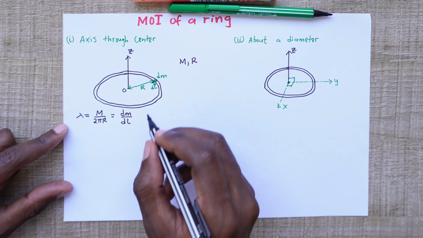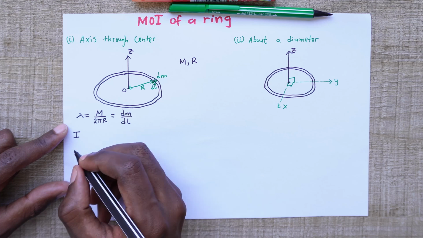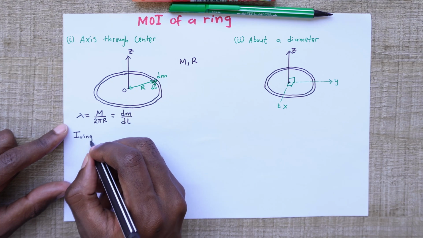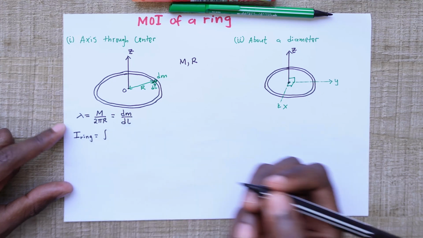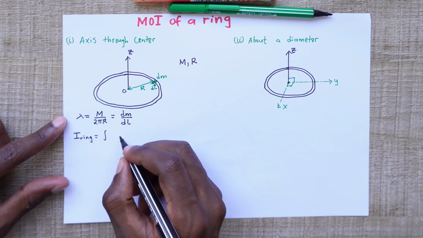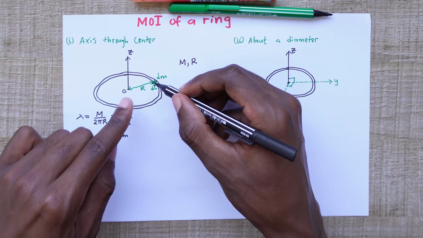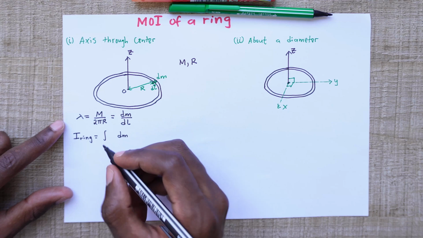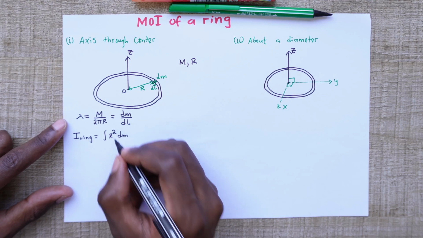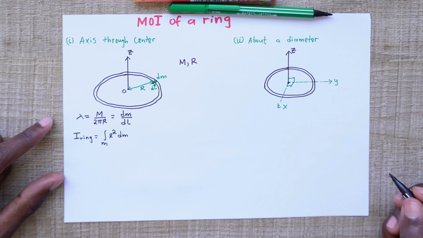Then the moment of inertia of the ring, I of ring, would be equal to the integral of the moment of inertia of this tiny element. That's the integral of the mass dm times the distance from the axis of rotation, which is just capital R, squared. We integrate over the entire mass of the ring.